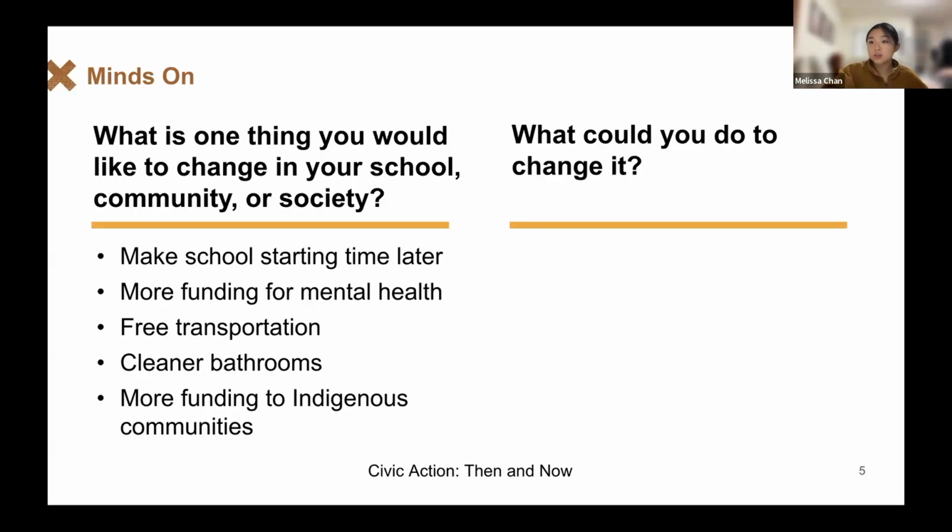It usually starts from regular people who want something to change. Could be teachers, could be students. So that's what we want to introduce in this resource: stories from the past that we can learn from and use as a framework to address the issues that we care about today.